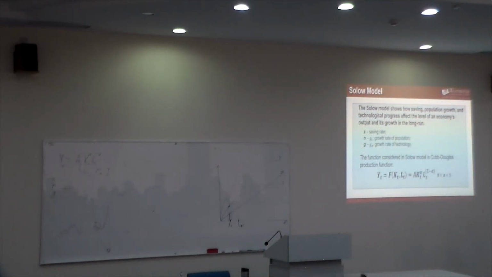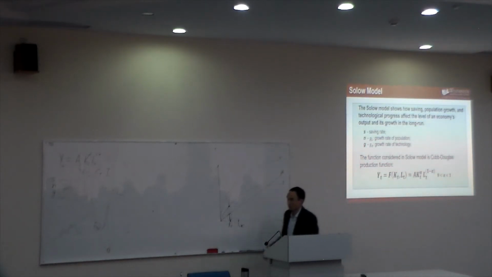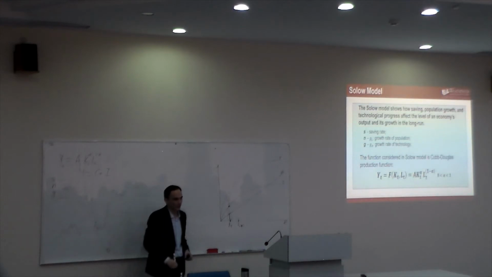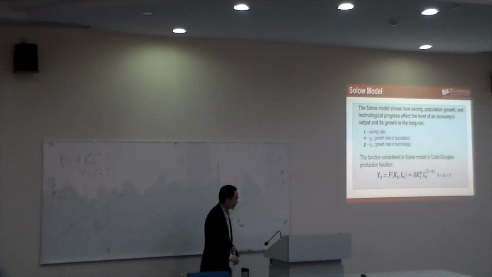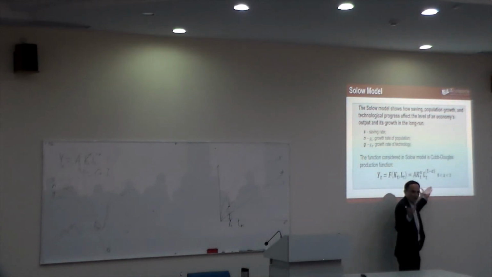And regarding the Solow model, we said that Solow specifically considered the Cobb-Douglas production function. Why Cobb-Douglas? Because it has some features which no other model has: it has constant return to scale.